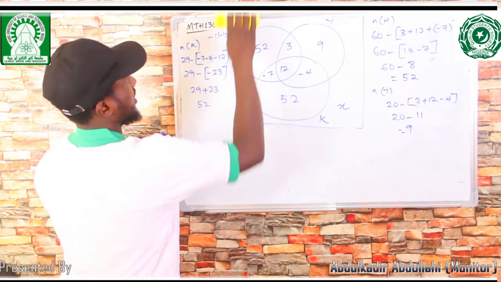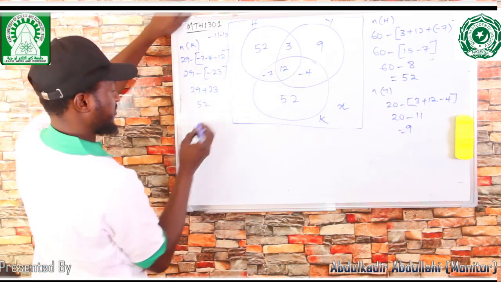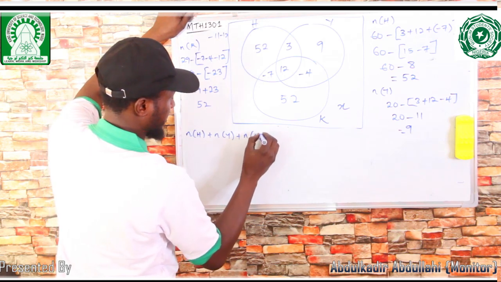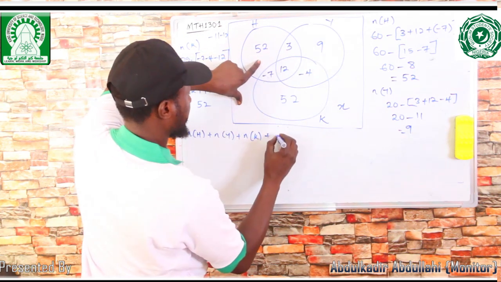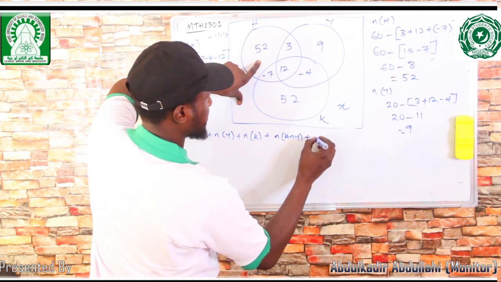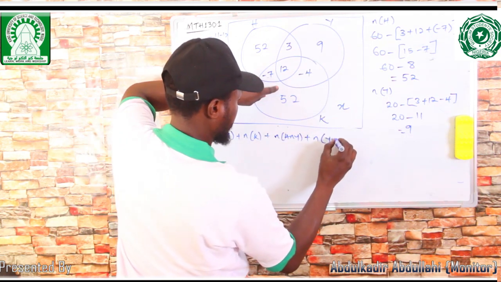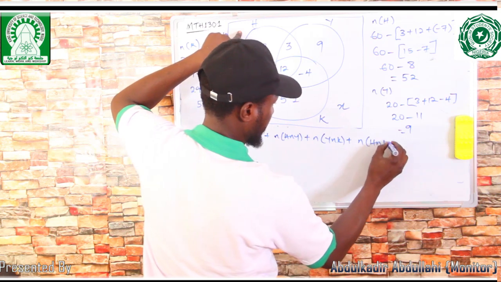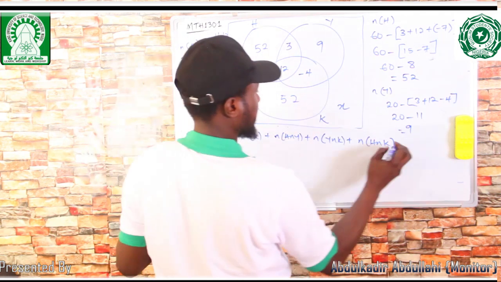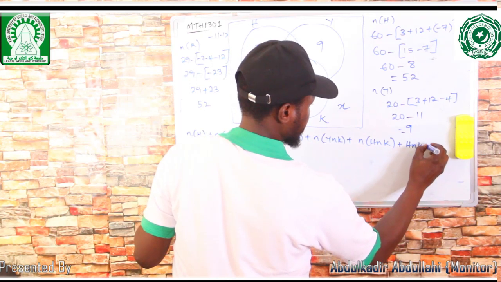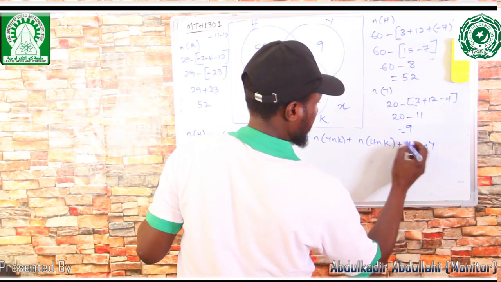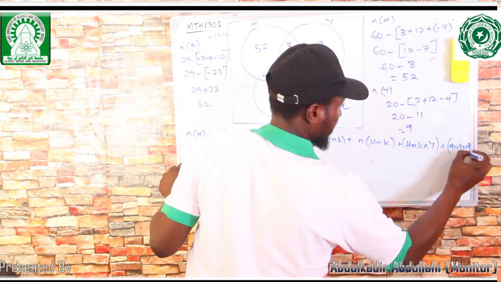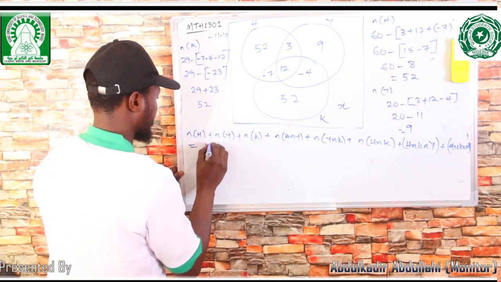As usual, we are going to have the number of H plus number of Y plus number of K plus number of H intersection Y plus number of Y intersection K plus number of H intersection K plus all intersection H intersection K intersection Y plus their complement, H union K union Y, all complement, is equal to the universal set.